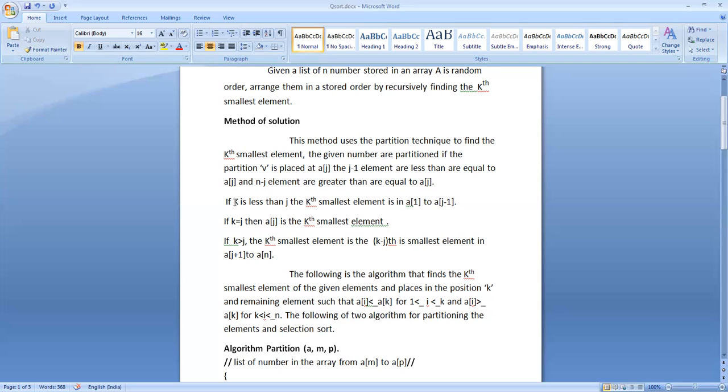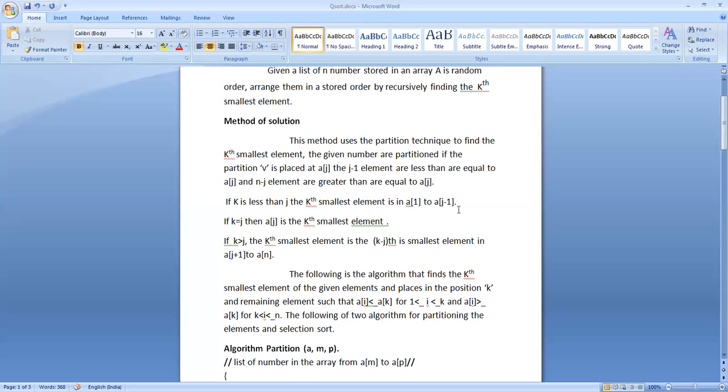That is, if the kth smallest value has to be found, and k is less than j, the location of the partition value in the array, then the kth smallest element is in a of 1 to a of j minus 1.